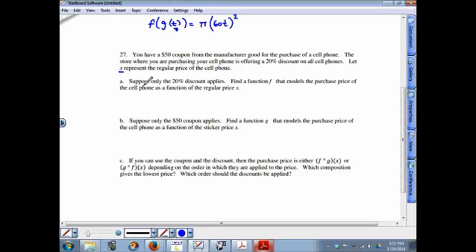So let's say that you're only allowed to use one of them here, the 20% discount for part A. Find a function f that models the purchase price of the cell phone as a function of the regular price. So it's going to be a function of the regular price x, so this is f of x. Now if 20% is being taken off, then we're only paying 80%, so we're paying 80% of the original price x.